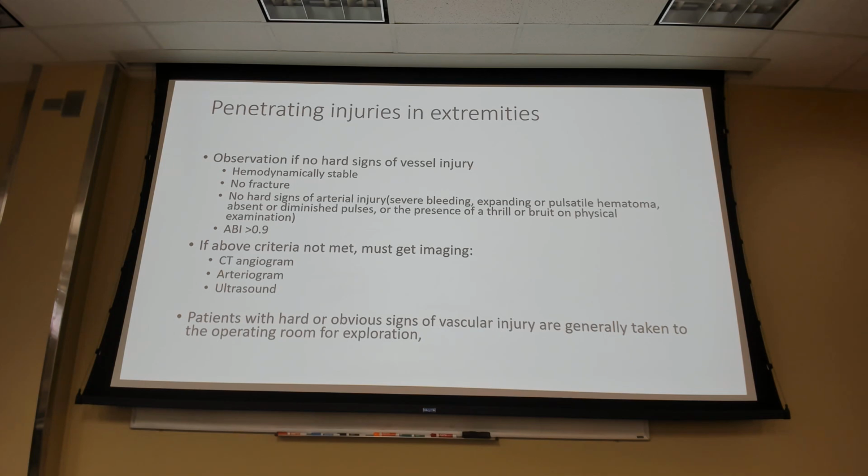And then if that criteria is met, then we get our CT angio imaging, an arteriogram, or duplex ultrasound. Typically, if we're worried about these penetrating injuries, we start with that CT angiogram, as long as we don't have any of those hard signs and we don't see a fracture there. If they have hard signs or obvious signs of vascular injury, then we take them straight to the operating room for exploration.